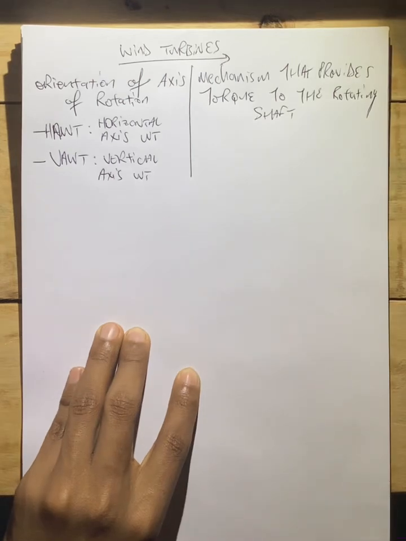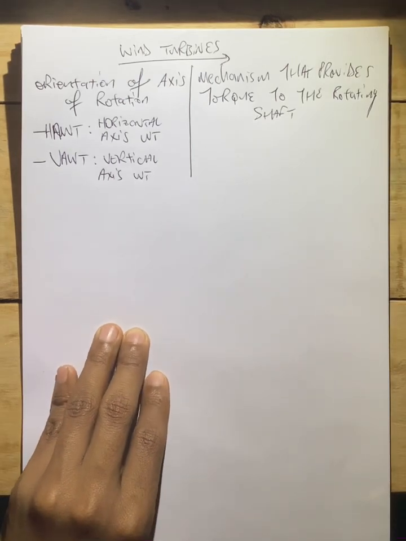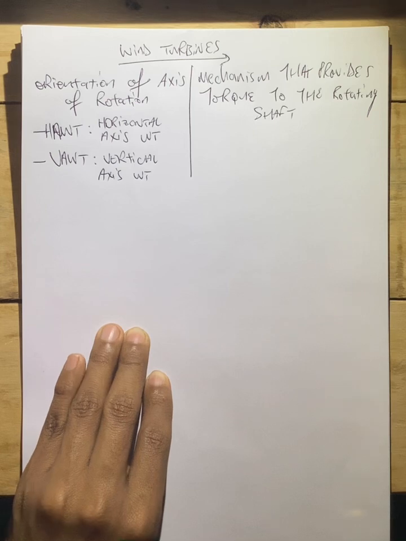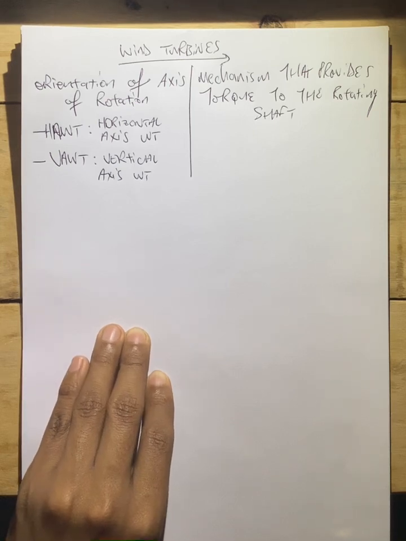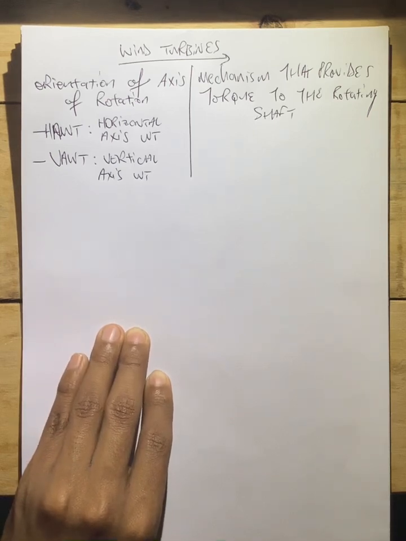So the other way of categorizing a wind turbine is simply by looking at the mechanism that provides torque to the rotating shaft.